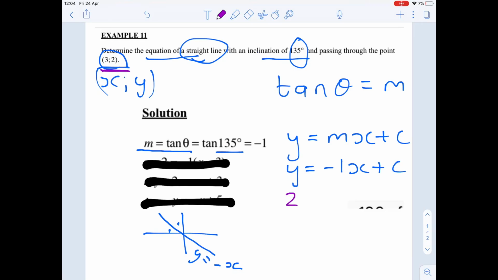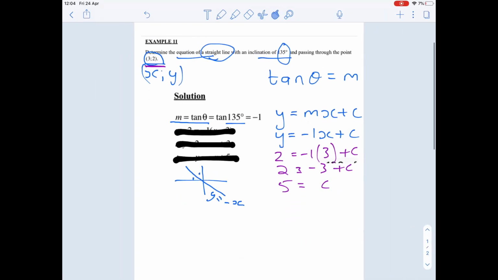So my y is going to be 2, my x is going to be 3. And so now if I solve for this, c is going to be 2 plus 3, which is 5. So the equation here is going to be y equals minus 1x plus 5. And that's the answer. That's the equation of the straight line that we're looking for.